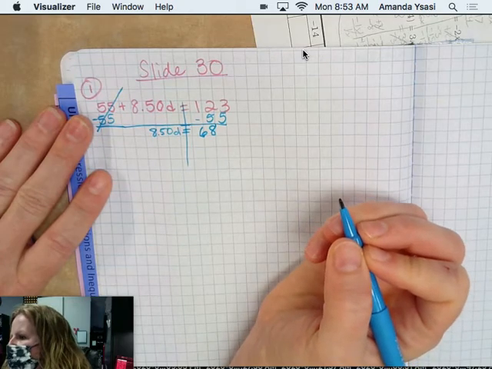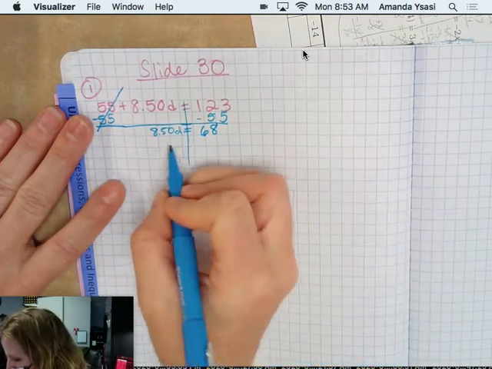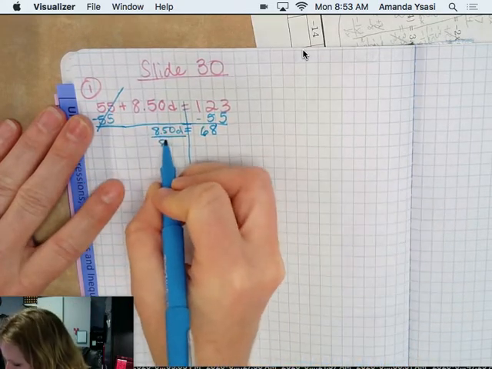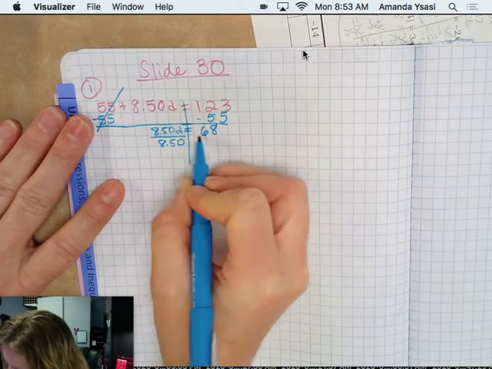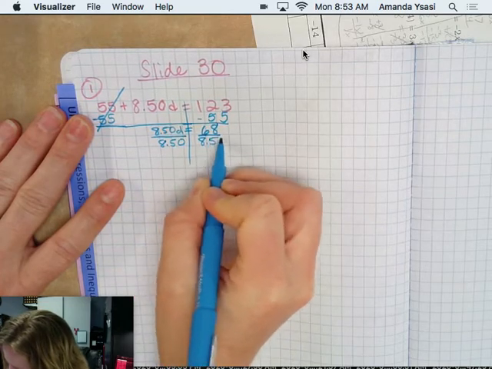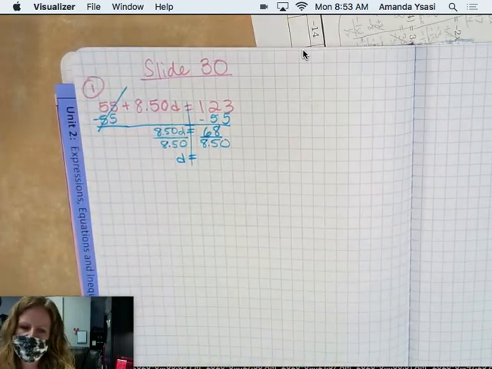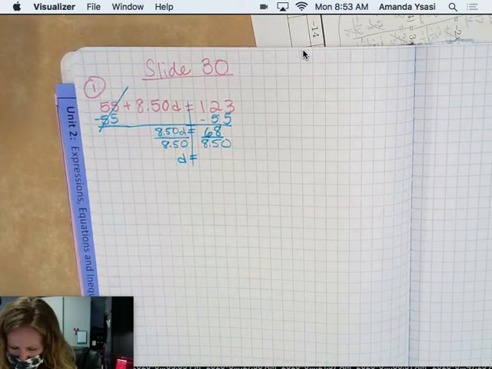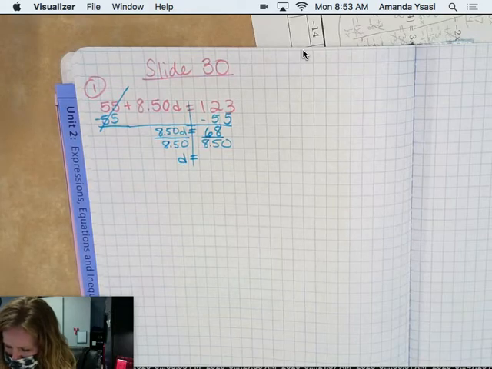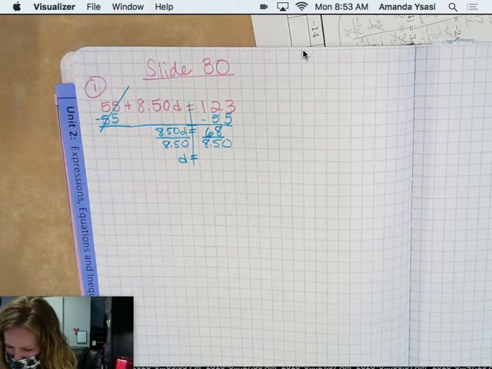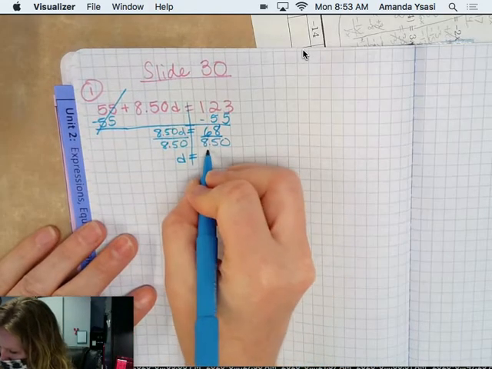And we need to get D by itself, so how do we do that? Divide by 8.50. So D equals, use your calculator. Exactly 8.